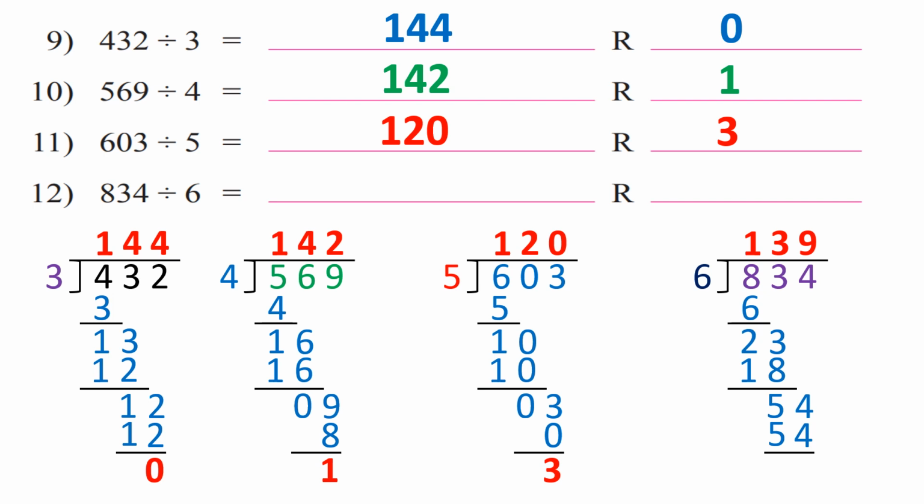Then 54 minus 54 is 0. Your answer is 139, remainder 0. Correct, students?